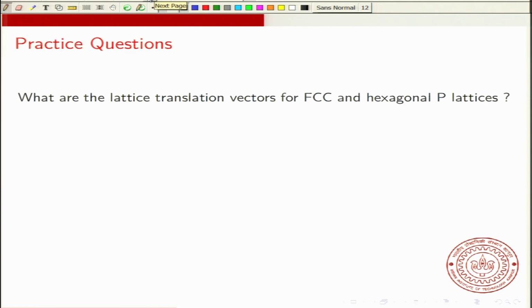What are the lattice translation vectors for FCC and hexagonal P lattices? For an FCC lattice, you need translation vectors that will generate all the points.